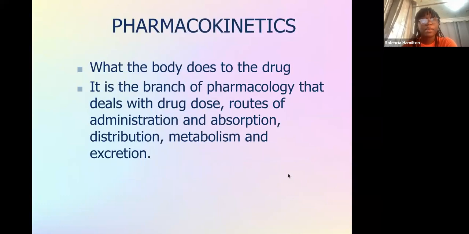Okay, so there are two aspects of pharmacology that we look at. I know the terms are large and you might not fully understand all of them, but I'm going to give you a little bit of an introduction. The first one is pharmacokinetics.